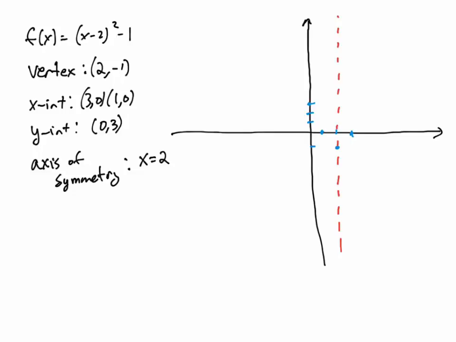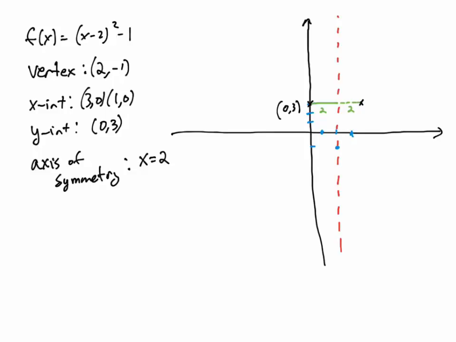Alright, so using this axis of symmetry, we can say that the distance from the y-intercept to the axis is 2. So what that means is the distance to the right is also 2. So for that point right here, the coordinates of the y-intercept are (0, 3).